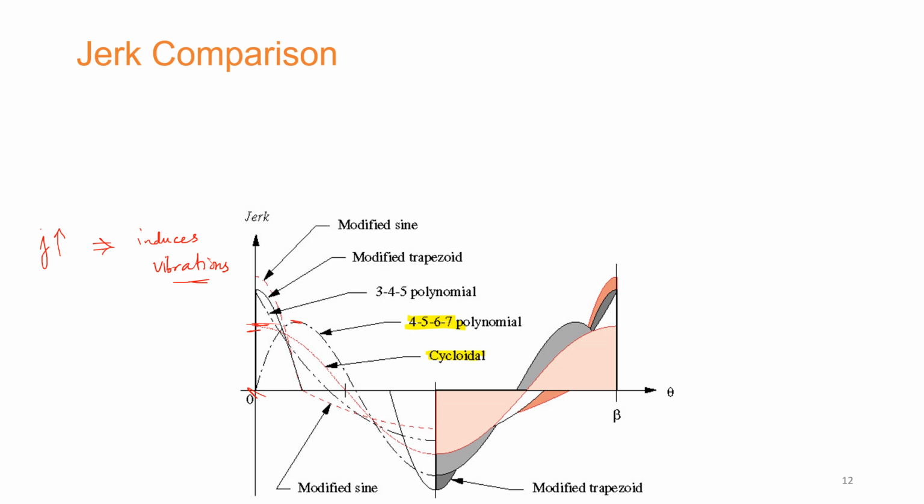The other candidates, like modified sine or modified trapezoid, that were performing very well in terms of acceleration analysis, are not performing that well over here. So this is a problematic area, that although we have observed these to be performing really well in case of acceleration comparison, they are no longer a very good choice when you wish to reduce the induced vibrations in cam follower motion.